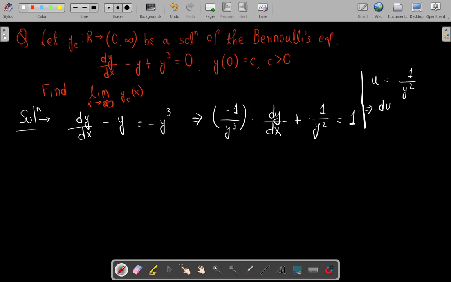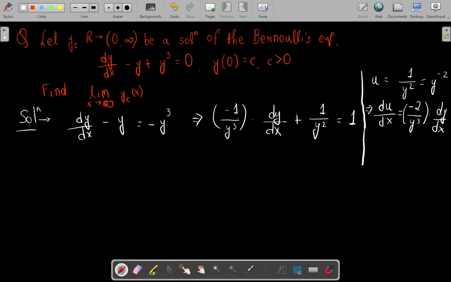If we differentiate both sides, we get du/dx equal to the derivative of y to the power minus 2, which after differentiation is minus 2 y to the power minus 3, so it is equal to minus 2 upon y cubed times dy/dx.